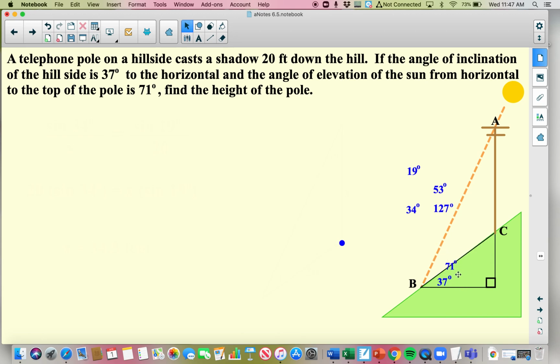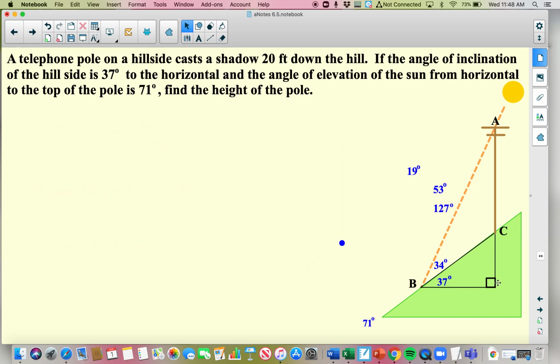If the whole angle is 71 and this part is 37, then 71 minus 37 is 34. So this one is 34. That's probably the trickiest part, making sure you get everything placed correctly.